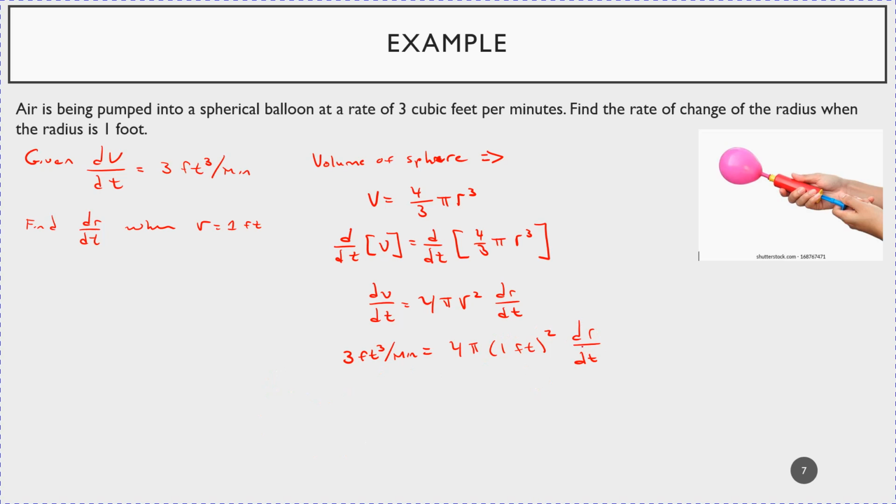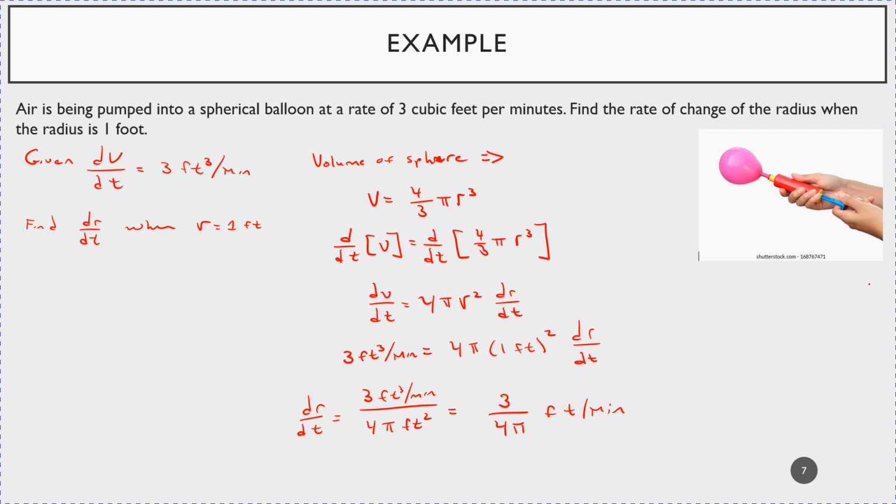I'm just going to move the dr/dt over. dr/dt is equal to 3 cubic feet per minute divided by 4 pi, the 1 squared is 1, feet squared. So what's going to cancel here? Feet cubed over feet squared. You're just left with 3 over 4 pi feet per minute is what the radius is changing at there.